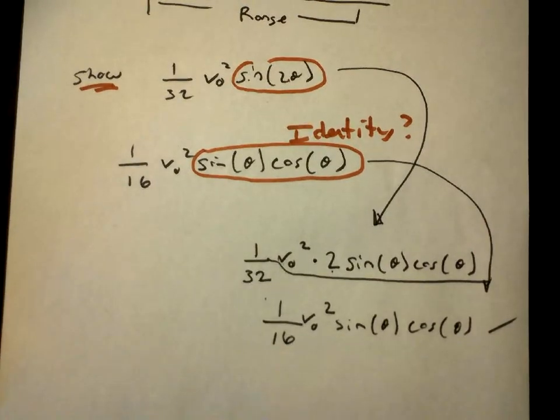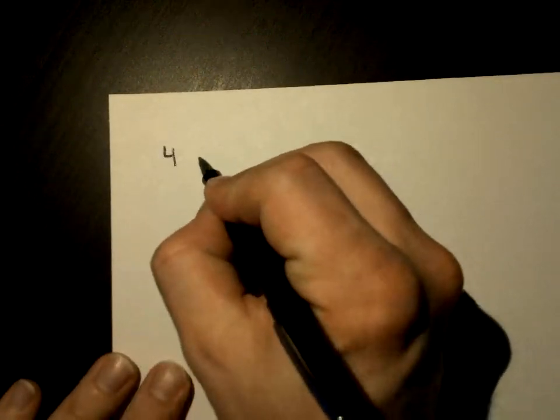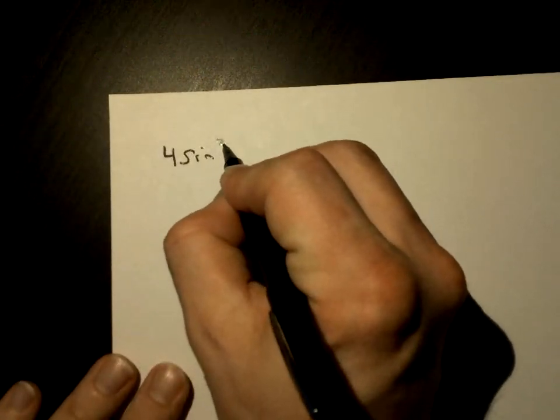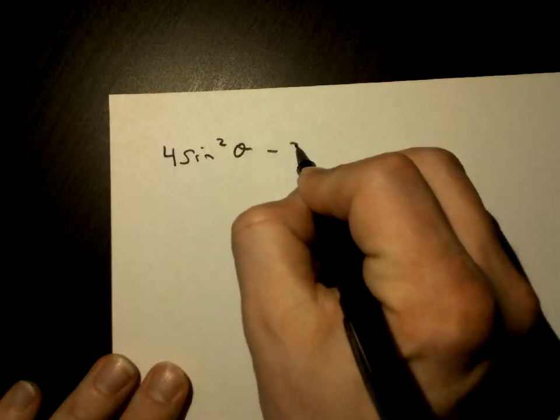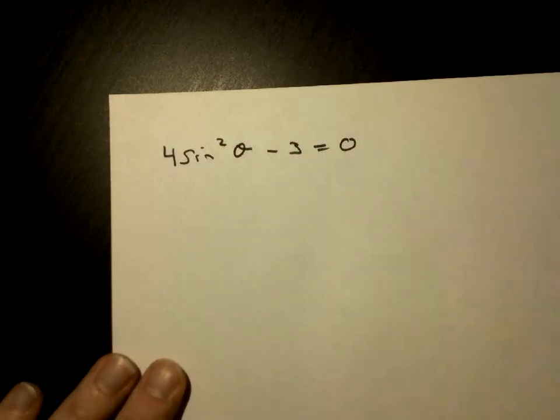All right. Well, that's a word problem where you're looking at another equation sort of thing. So let's do a couple more solving ones. And let's try this one: 4 sine squared theta minus 3 equals 0.